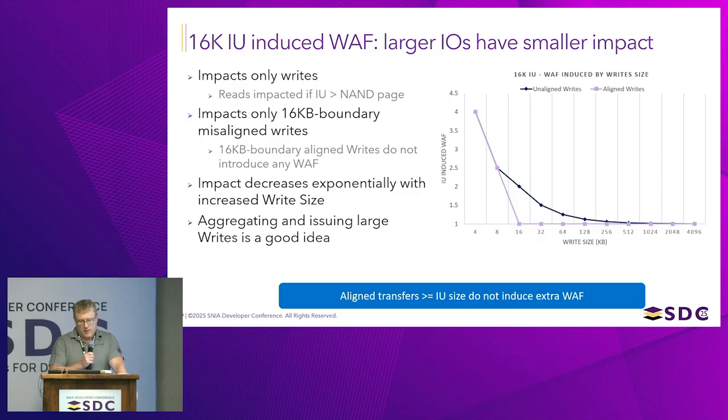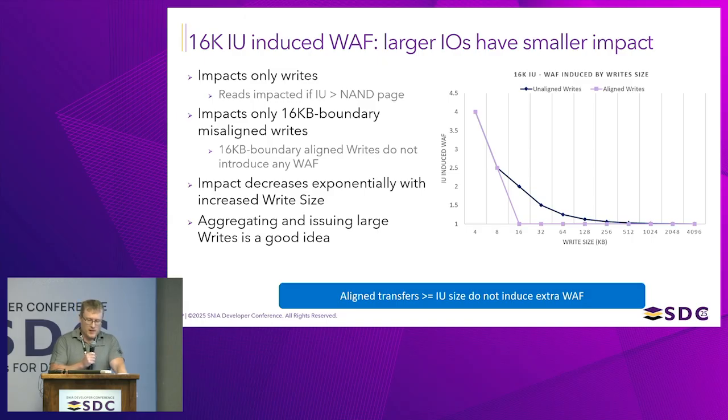So we've got a graph here that shows the IU-induced write amplification, meaning it's not just the amplification you get from doing random writes, but there's more just because you're doing host writes that are smaller than the drive's internal indirection unit. So if you've got a 16K IU and you're doing 4K transfers, you can be adding 4 to your write amp. That's a pretty big deal. That's on top of your normal write amp.